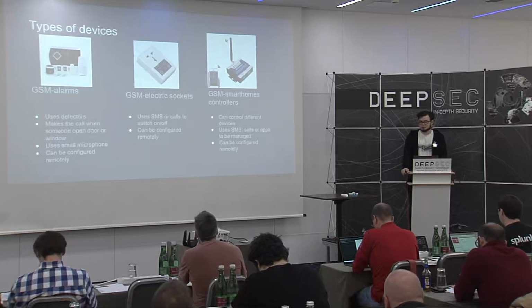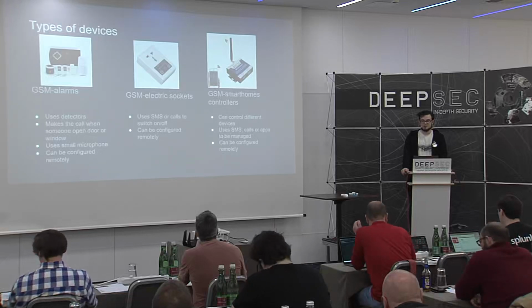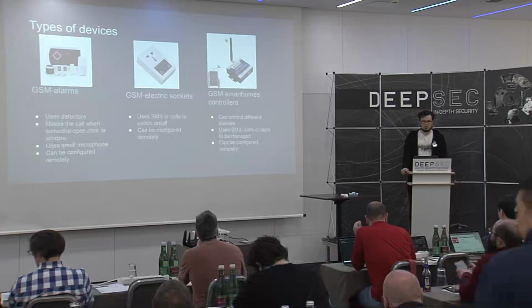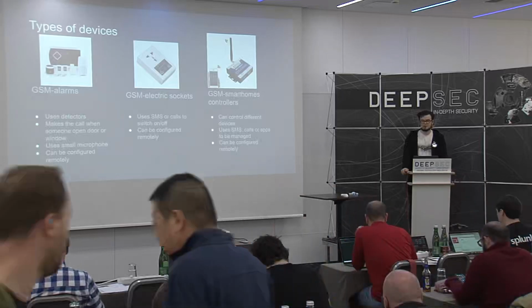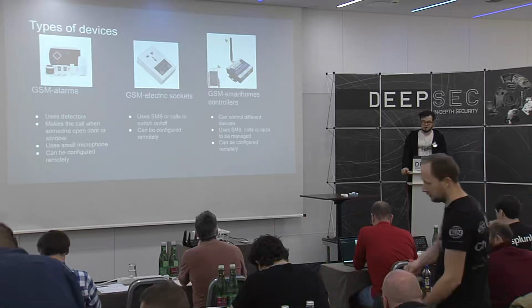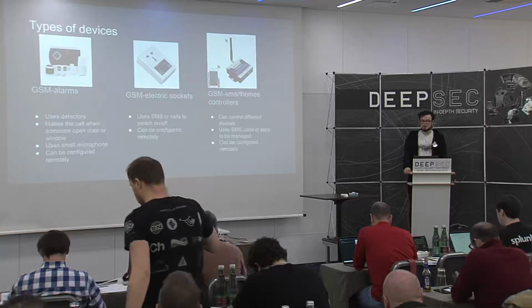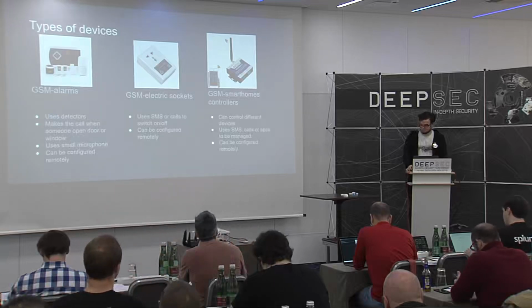Sometimes you can buy a cheap device for maybe 50 euro, or sometimes an extremely expensive device for 1,000 euro, but often you will have the same problem and the same hardware inside. And mostly this device can be configured remotely, and it is very interesting for hackers.